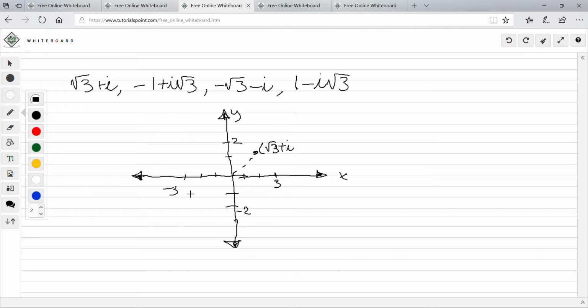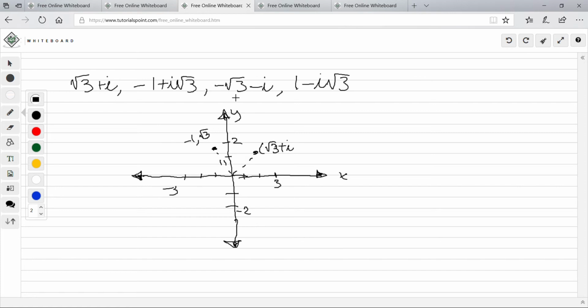And then negative 1 is right here. And then positive root 3 is, here's 1, so it should be right around here. This is negative 1, comma, positive root 3.